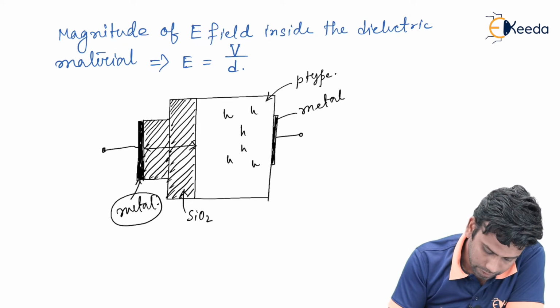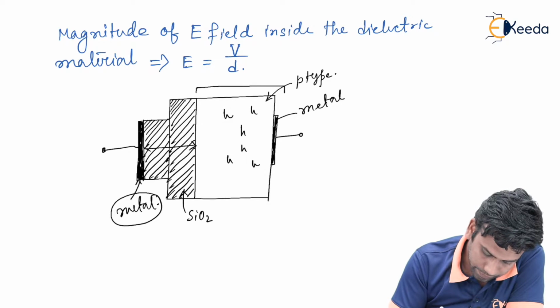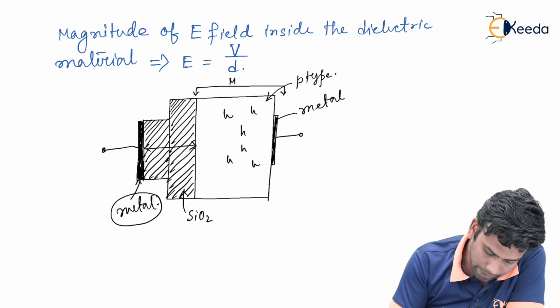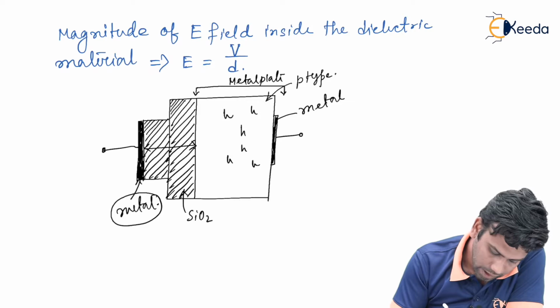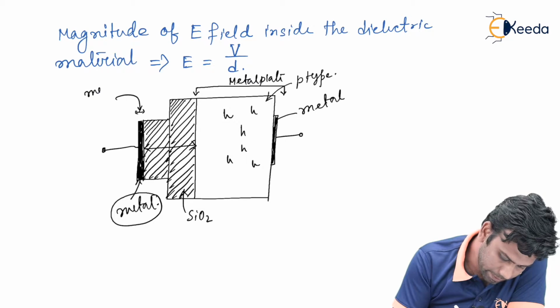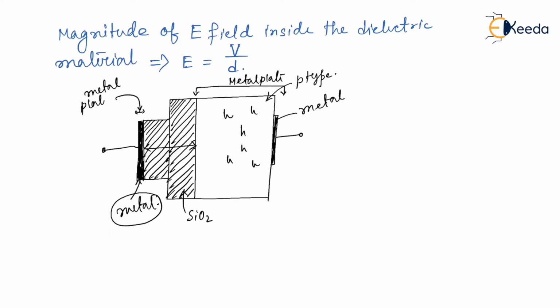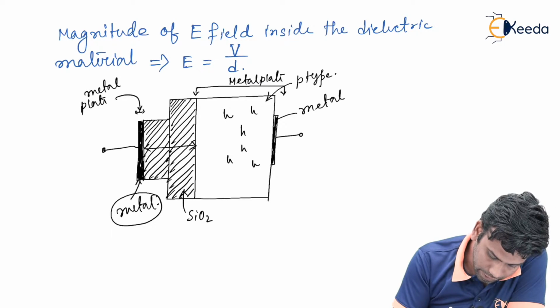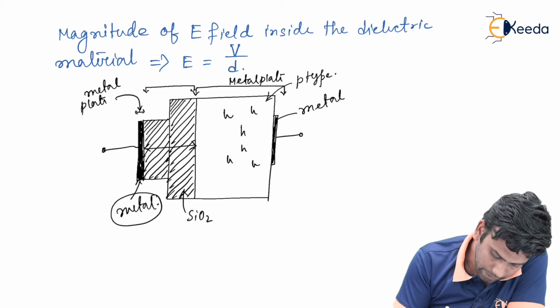That means this part will serve as one metal plate, this part will serve as another metal plate, and this region from here to here will serve as the dielectric material.